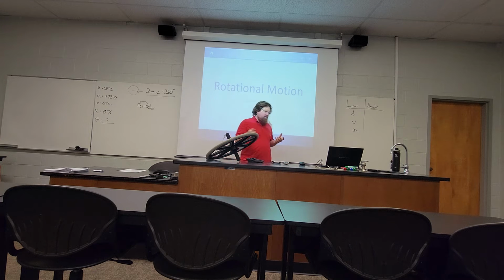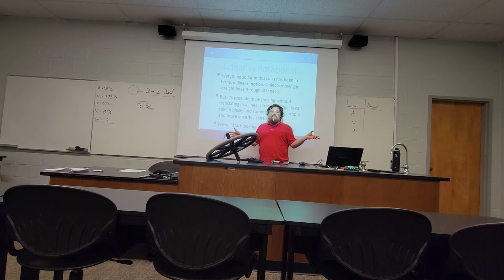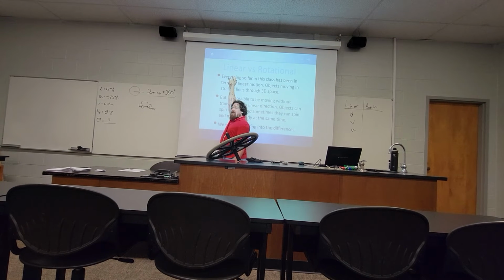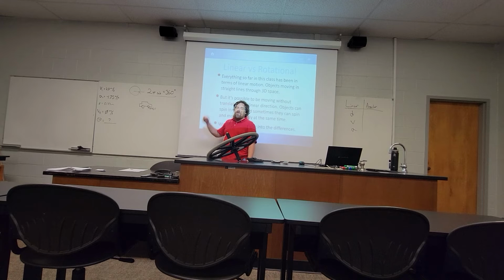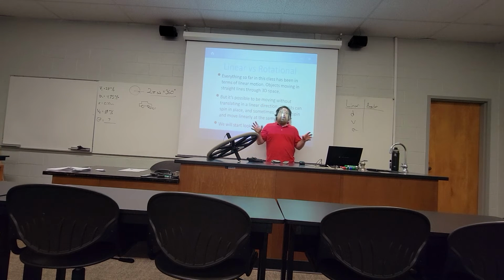I find from my students' past experiences and from my own past experiences, a lot of people are used to thinking in terms of straight lines. For that reason, all of the variables that we've talked about so far have been linear variables. Everything we've done up till now in this class could be described as linear, which means of or referring to straight lines. That's why the first 4 letters in linear spell out line. So everything before now has been linear.